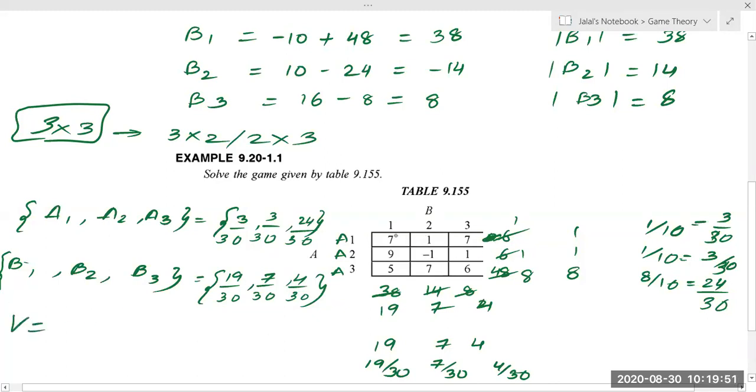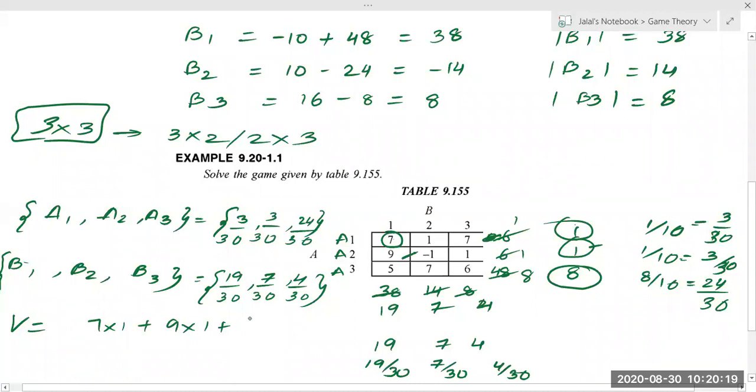Now, for the value of the game, you have to do something like this. 7 into 1. Okay? Simple. If you are taking columns, multiply it by columns. If you are taking a row, any row and any column you can take. So I'll show what I'm doing. 7 into 1 plus 9 into 1. You can do it any way. Any column, any row you can multiply.